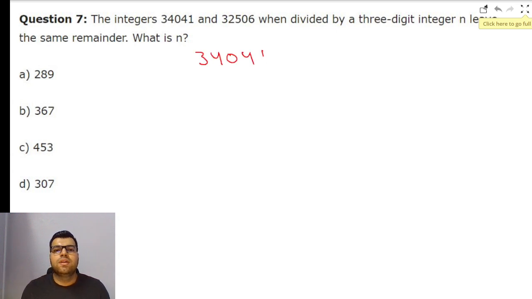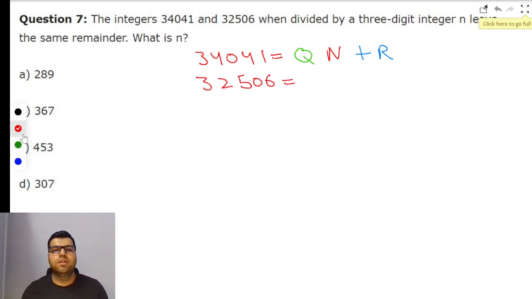34041 is the dividend. What is the divisor? Divisor is n, which you have to find out. And the quotient is, say, q. This gives us a remainder of r. So dividend is equal to quotient into divisor plus r. Similarly, 32506 is equal to... quotient is same q?